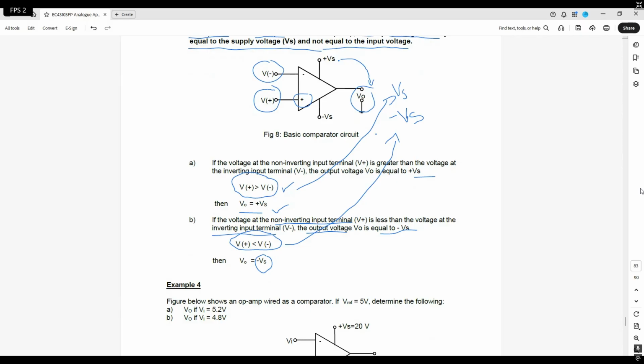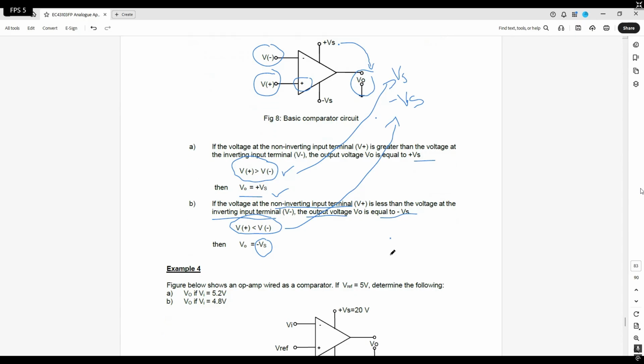If each condition is met, the output will follow accordingly, giving you a positive Vs or a negative Vs as the output. Any question? If no question, we look at the example and see if we can understand better.